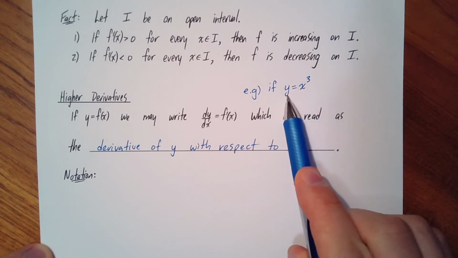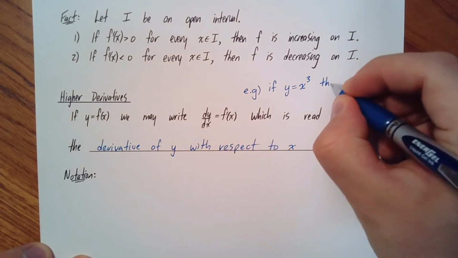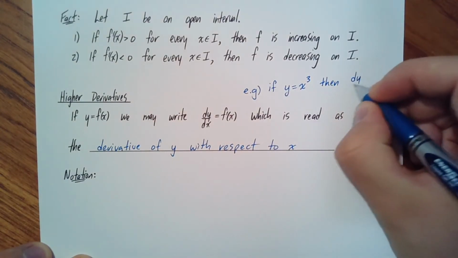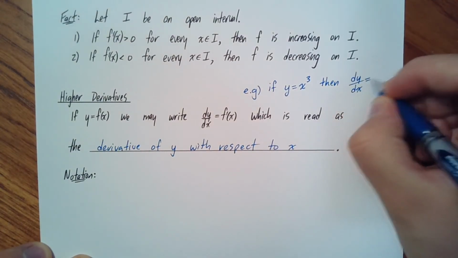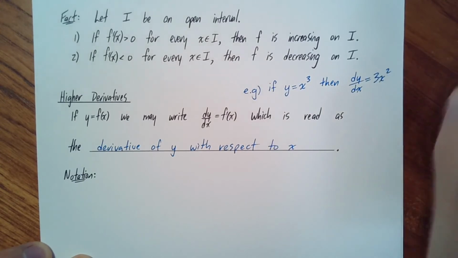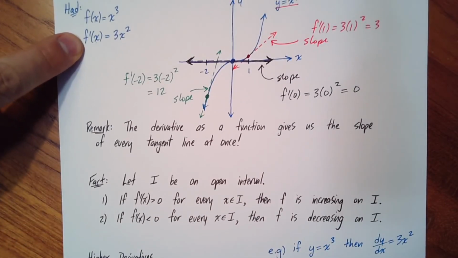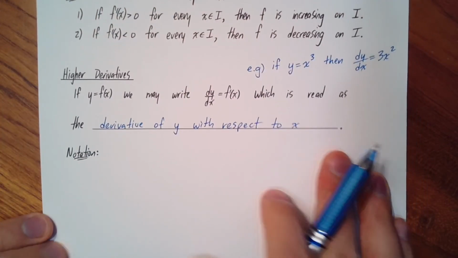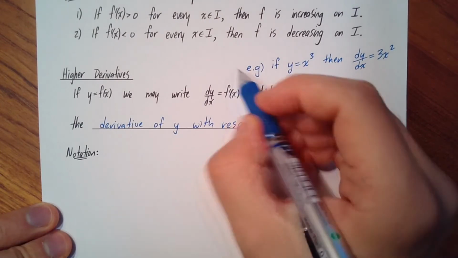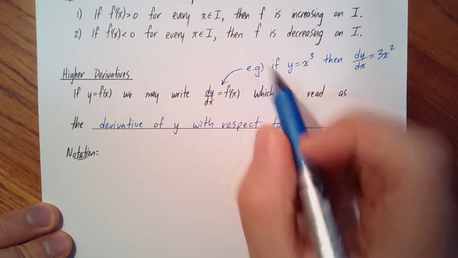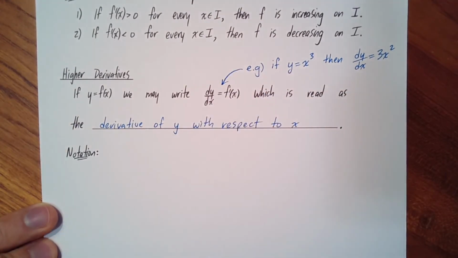Then we could have said dy dx is equal to 3x squared. So dy dx is just another way to say f prime of x. It's just another way to write down the derivative as a function.